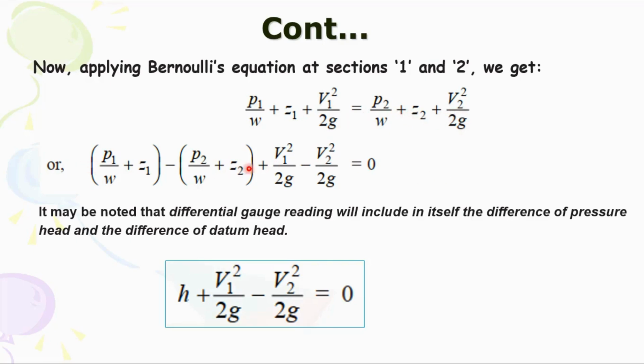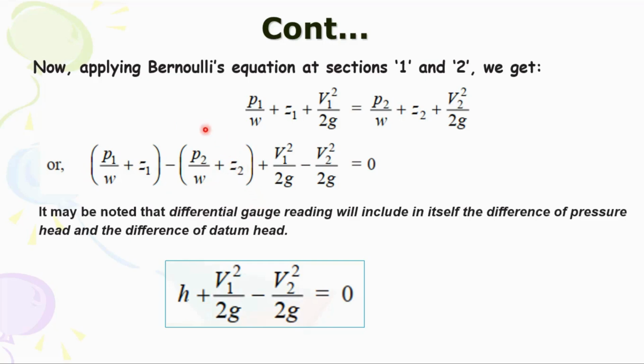So rearrange this equation. It may be noted that the differential gauge reading will include in itself the difference of pressure head and the difference of datum head, which means the pressure head difference between inlet and outlet, or between inlet and throat.